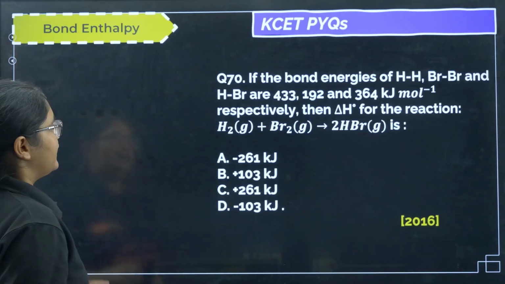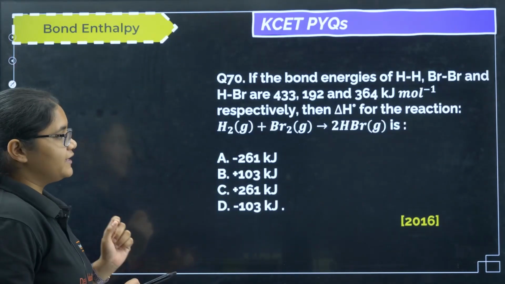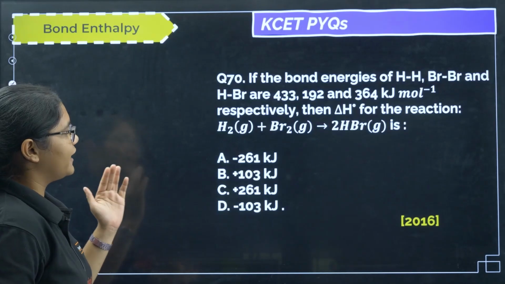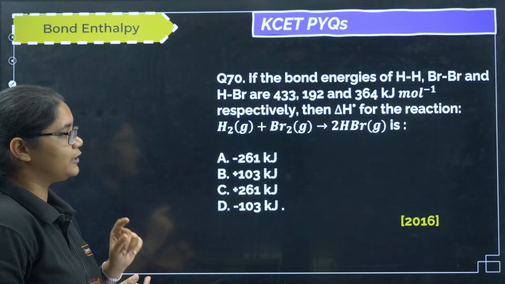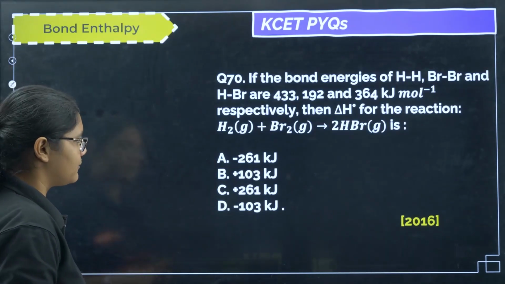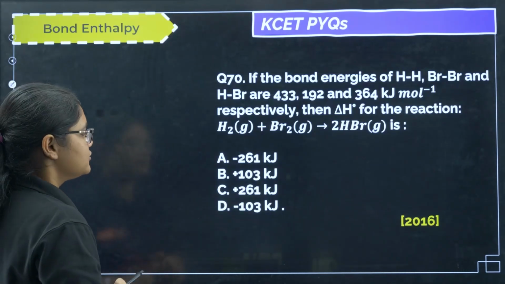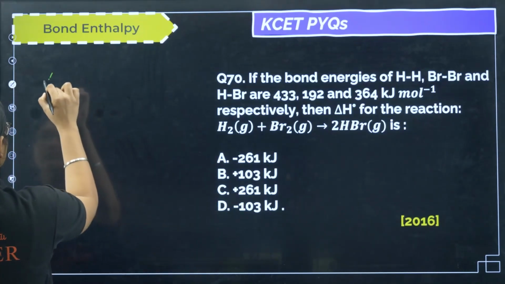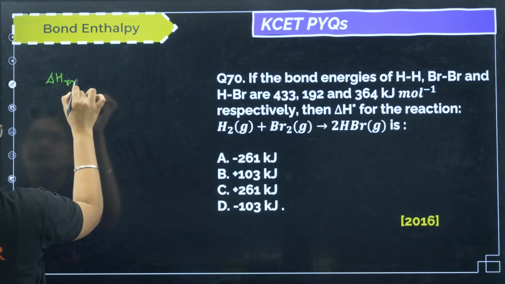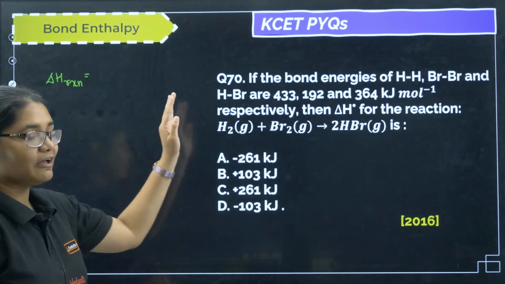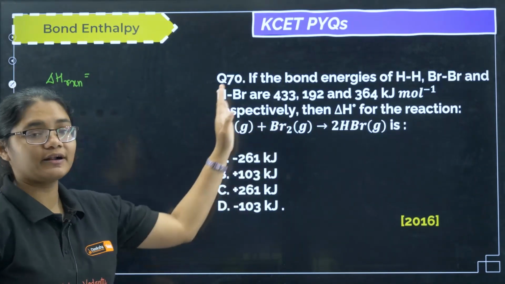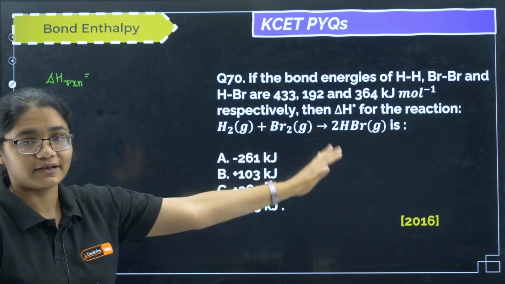Okay. Next, if the bond energies of H-H, Br-Br and HBr are 433, 192 and 364 kilojoule per mole respectively, then the delta H for the reaction is. So I can write delta H for the reaction will be equal to, whenever you have bond enthalpies, it is always reactants minus products.